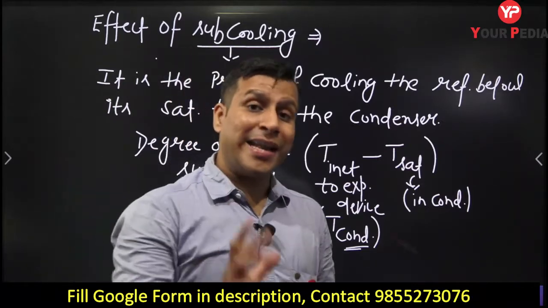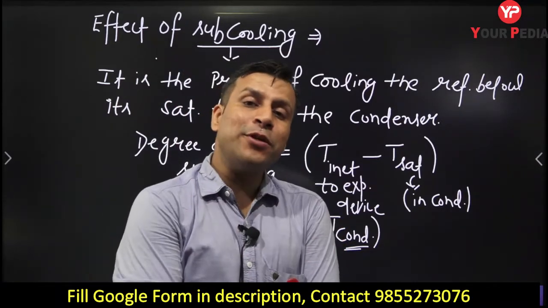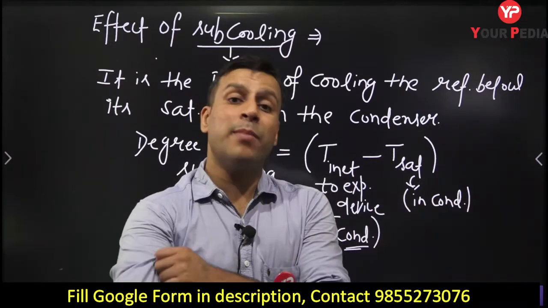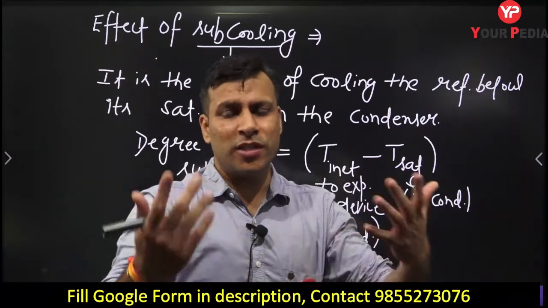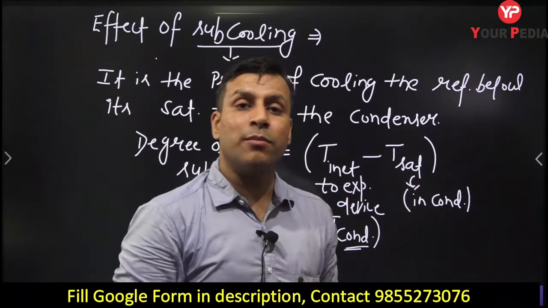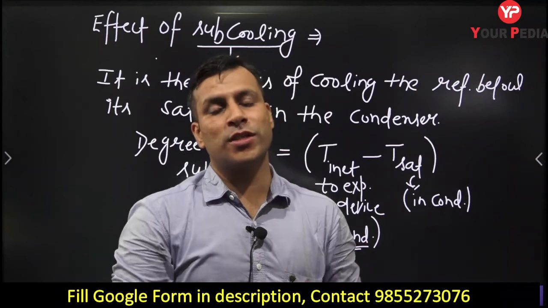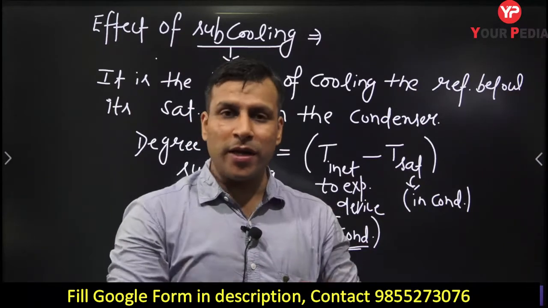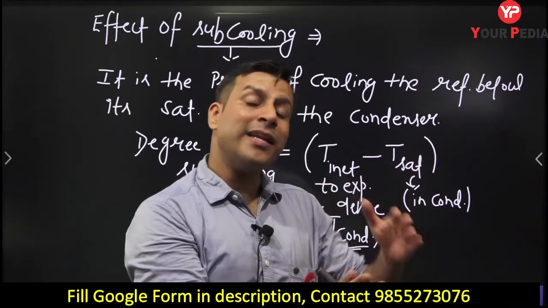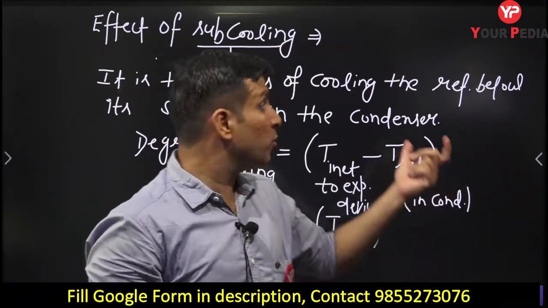Not always, because if you are carrying out subcooling in the condenser, again you need to increase the size of the condenser. आपको condenser का size क्या करना पड़ेगा, बड़ा करना पड़ेगा, and that practice we generally follow. इसको हम follow करते हैं. But suppose you are attaching an additional subcooler, there is a condenser unit, and the exit of the condenser is saturated liquid at T saturation only, but then it enters the subcooler, and you further cool it down to some lower temperature, that is known as subcooling.